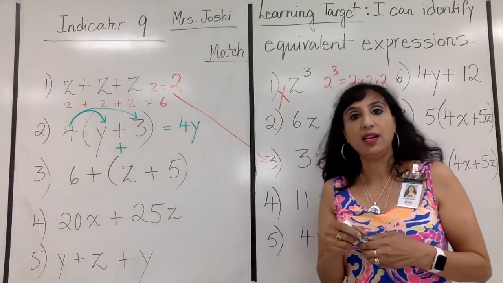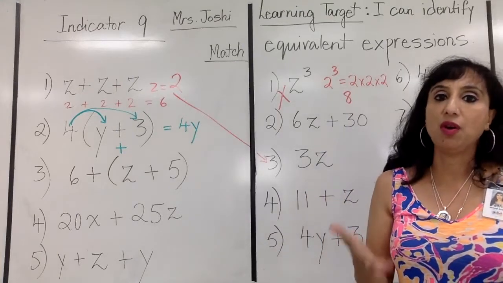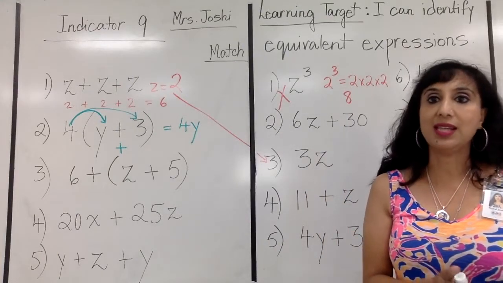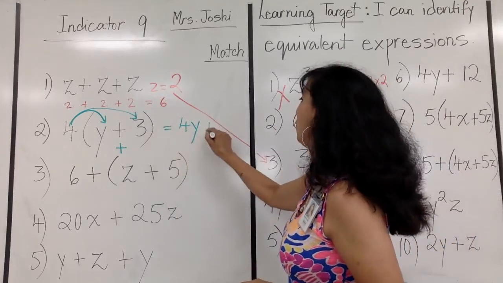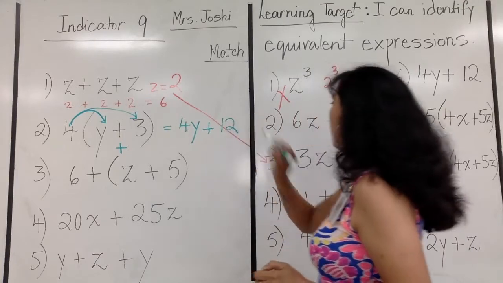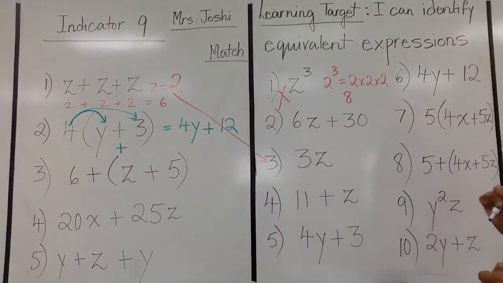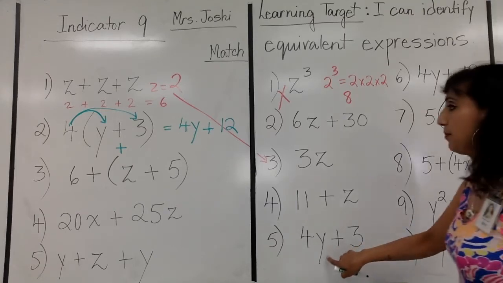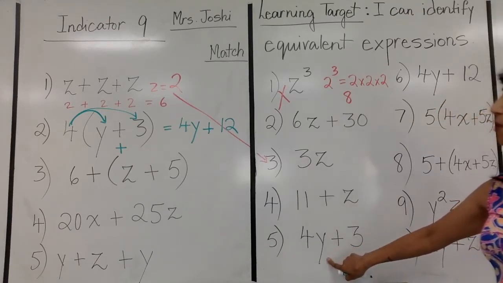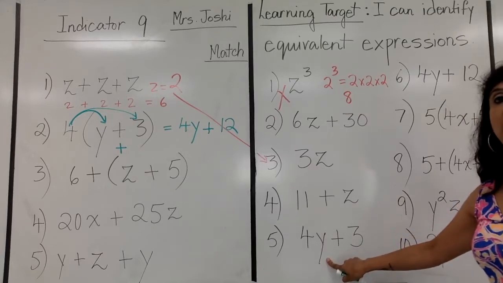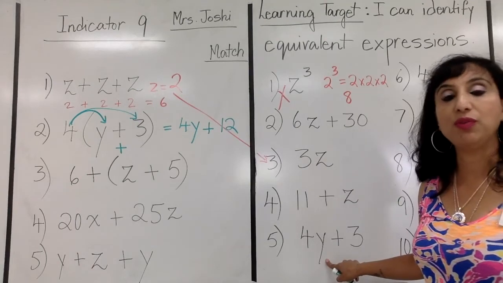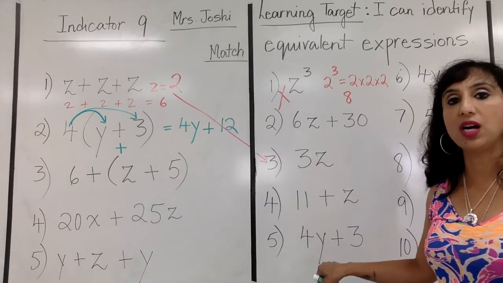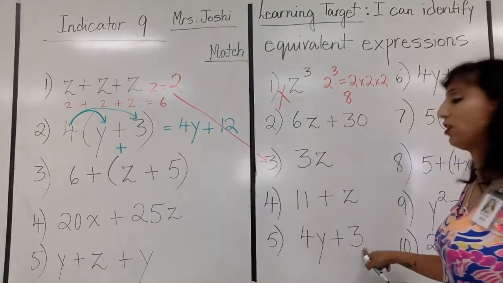y could be 3, so it would have been 4 times 3, but I don't know what y is right now. It is standing for a number over there. Plus 4 times 3 is going to give me 12. A lot of times children do 4 times y, but guaranteed there are several of you who will forget to multiply the 4 with the 3 and they'll just write 3.